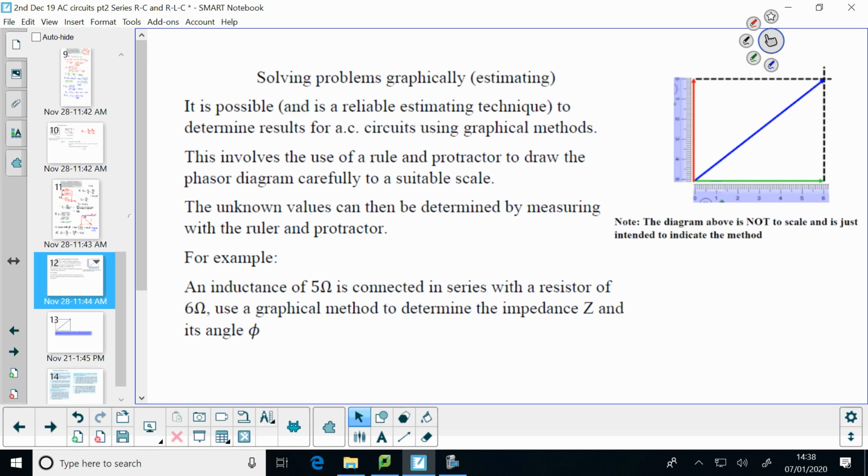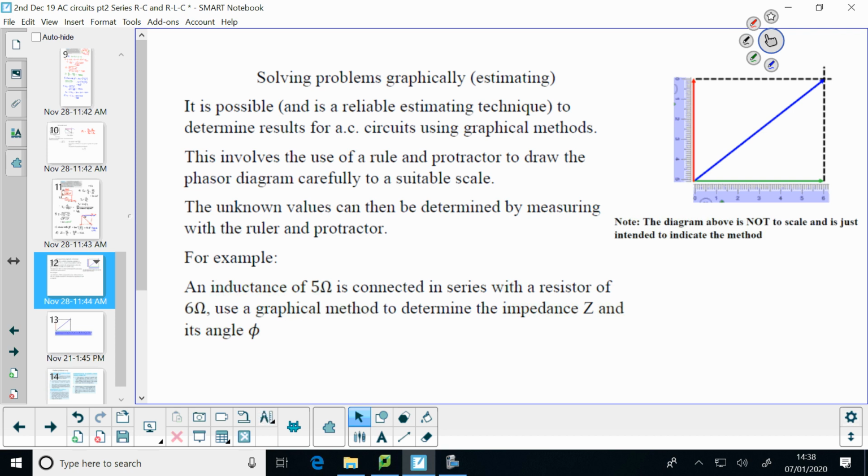Right. One last little bit for me to go through before I give you over to your assignment work, bearing in mind there are some other problems in these notes if you think you need more practice. It's possible to solve problems graphically, and estimating is a reliable technique to determine the results for AC circuits using graphical methods.